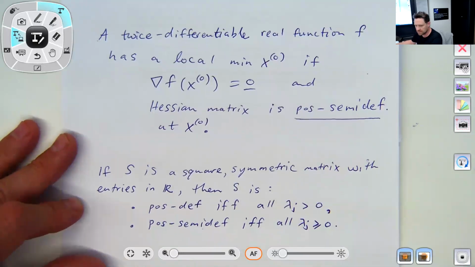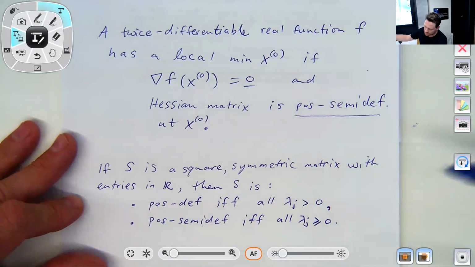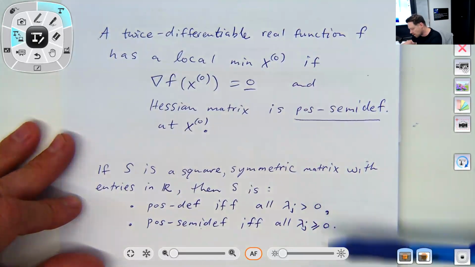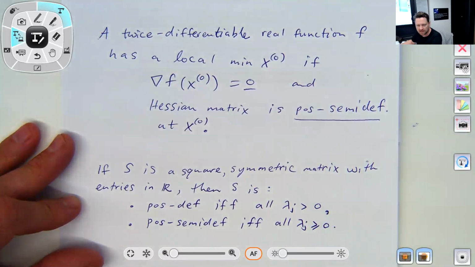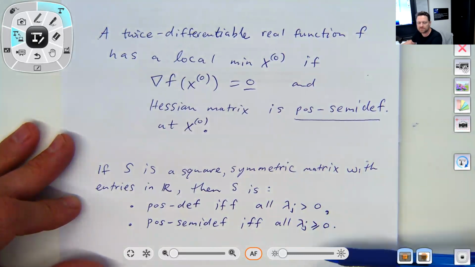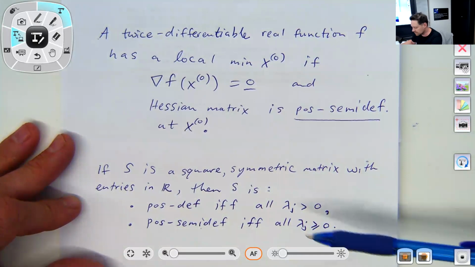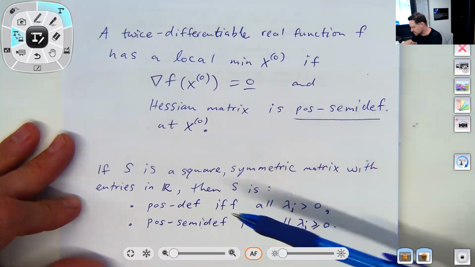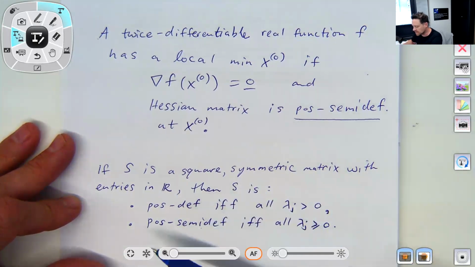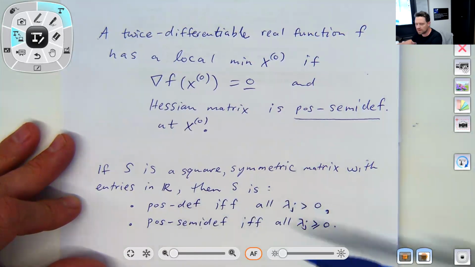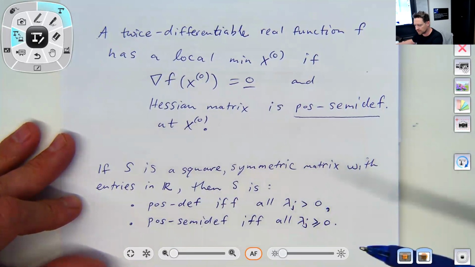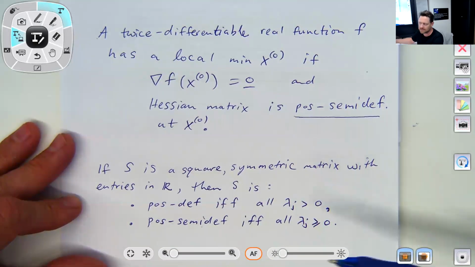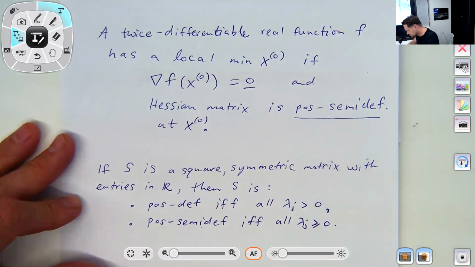There's more to this theorem that follows from the definition. What I mean to say is negative definite if all the eigenvalues are negative, and negative semi-definite if all the eigenvalues are less than or equal to 0.